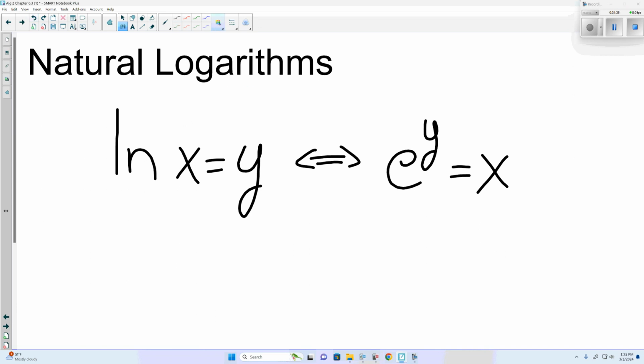Now with natural logs, the base is understood to be e. We don't have to write it in, because unlike our other logarithms, the base for natural logs is always e. It will never change.